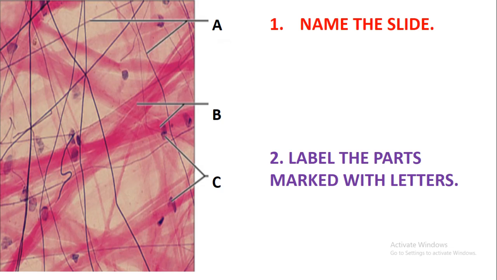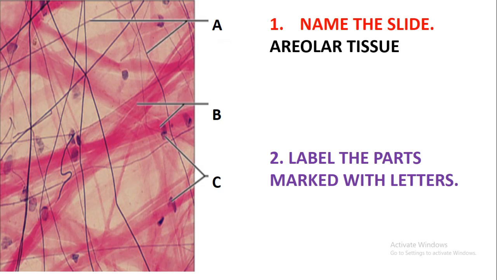In this question, you have been asked to name the slide. This slide is simply the areolar tissue. The areolar tissue is one of the most common tissues which you are going to find in the human body. This is just areolar tissue, or the loose connective tissue. Label the parts marked with letters.